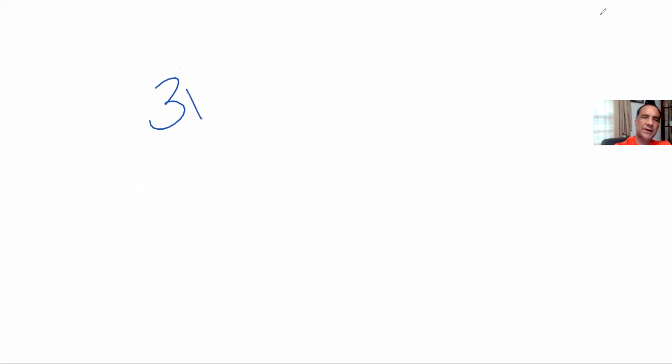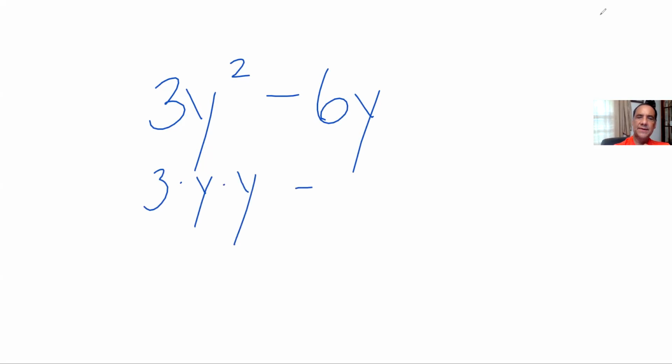This is one you're probably going to see on your homework. Now, when you get into these power situations, they not only have a 3 in common, because 6 is 3 times 2 and 3 is 3 times 1, they also have a y in common. So 3 times y minus 3 times 2 times y.